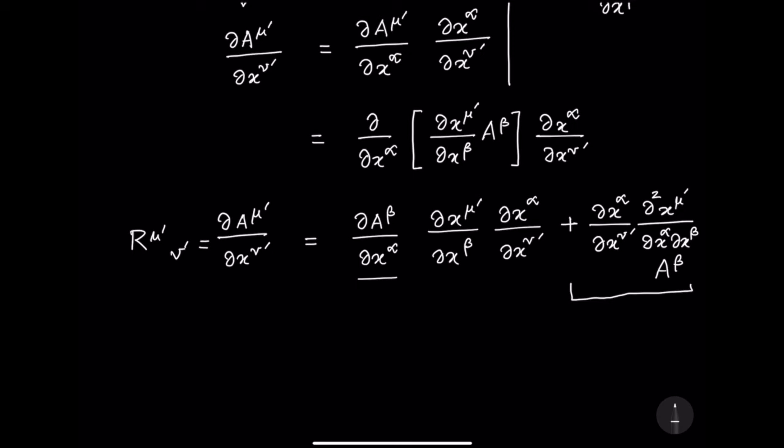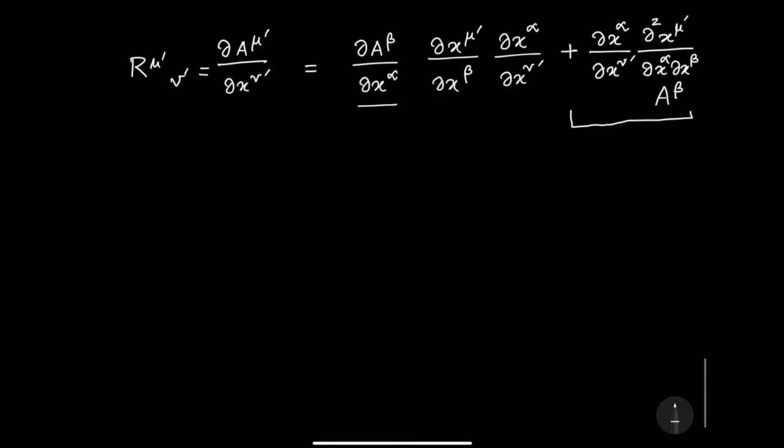Okay. Now, why does this second term come in? It comes in because in this case of transformation, as we have seen already, the basis vector changes. As the basis vector changes, when we do the transformation from one point to the other point, I cannot only take the derivative of the amplitude of the vector, I have to also take the derivative of the basis vectors.